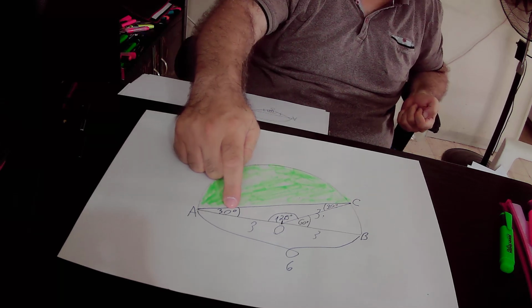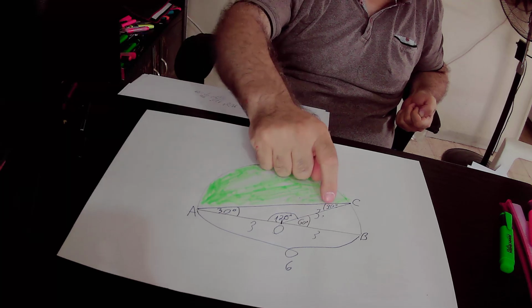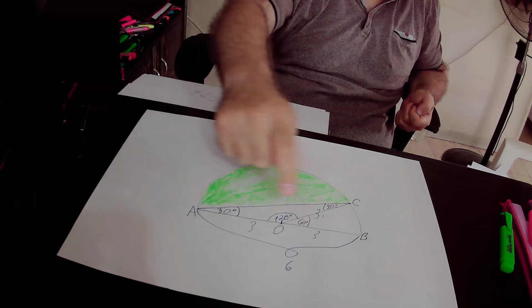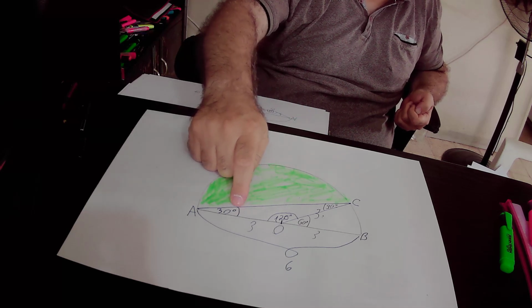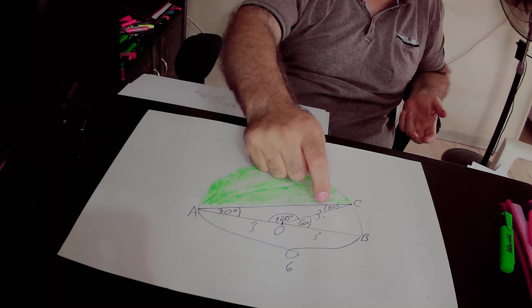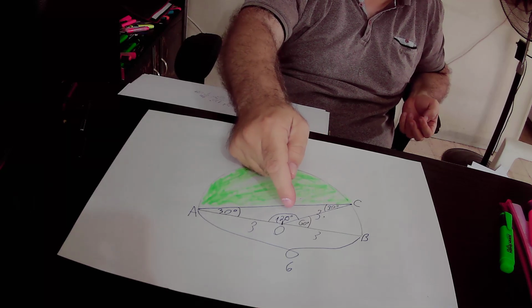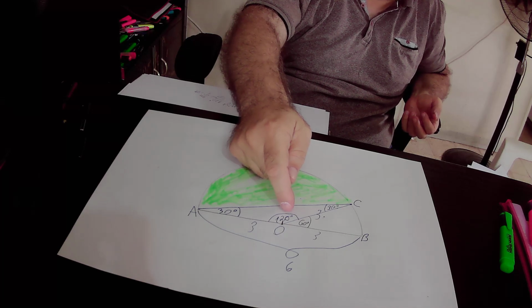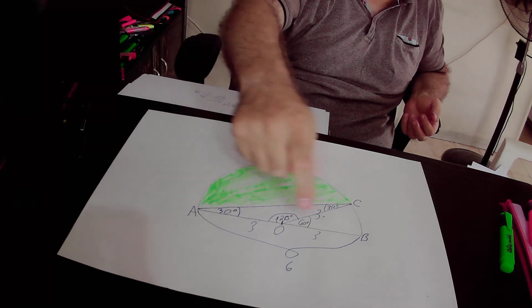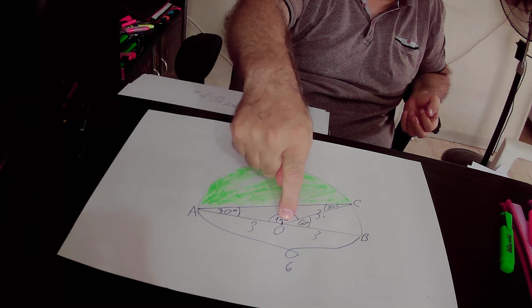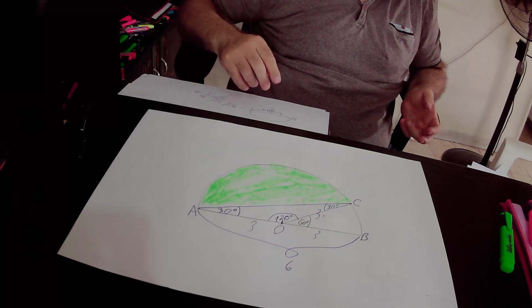But we know that this angle equals to 30 degrees, therefore this angle must be also equal to 30 degrees. So in triangle AOC, this angle equals to 30 degrees, this angle also equals to 30 degrees. 30 degrees plus 30 degrees is 60 degrees, therefore the missing angle must be equal to 120 degrees, in order to complete the sum of the angles in triangle AOC to 180 degrees. Okay?